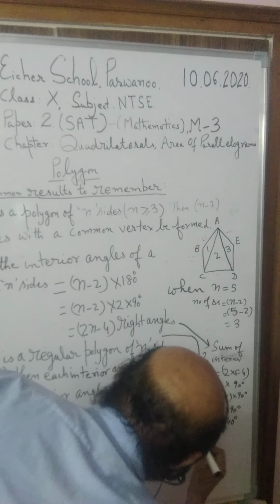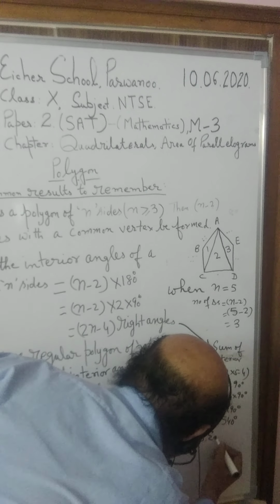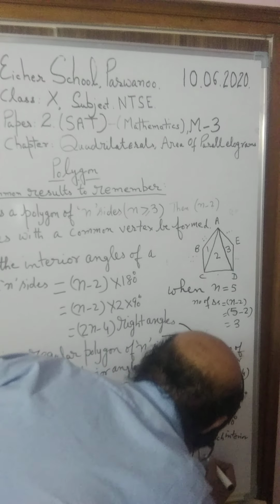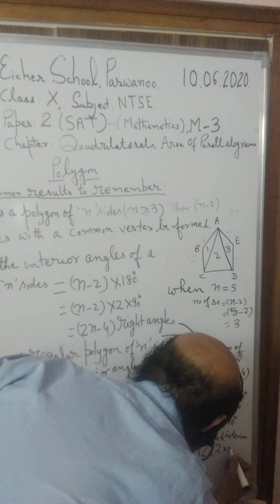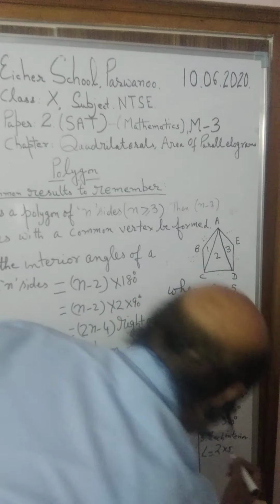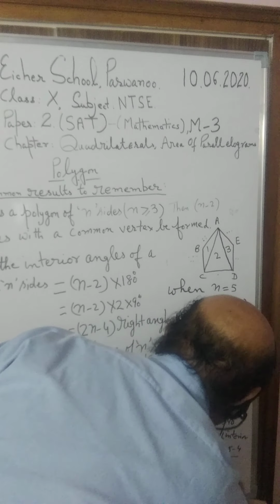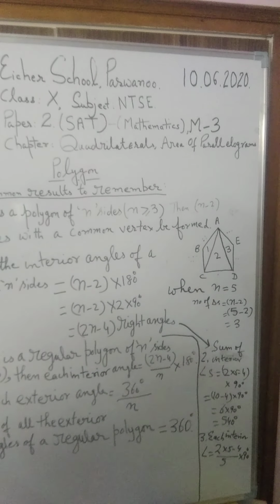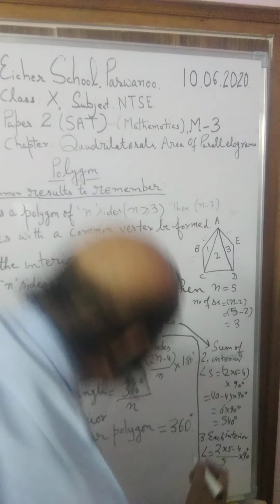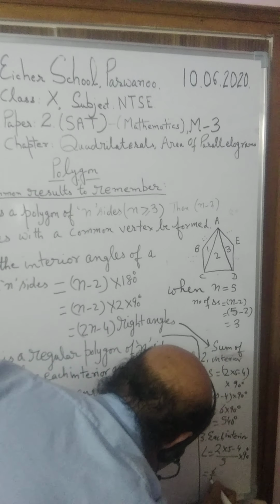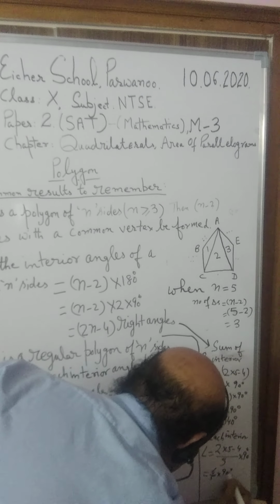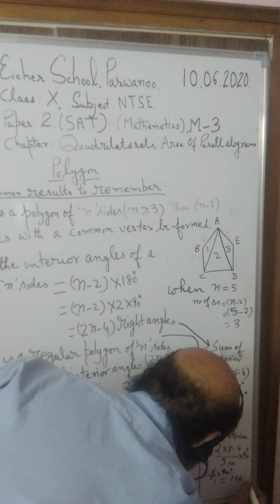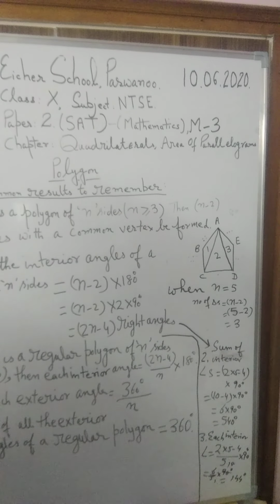That is, each interior angle is equal to 2 multiplied by 5 minus 4 divided by 5 multiplied by 90 degrees. And this we will get as 6 upon 5 multiplied by 90 degrees, that is equal to 144 degrees.